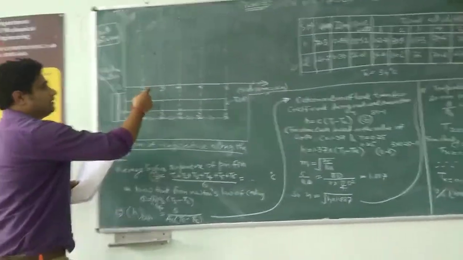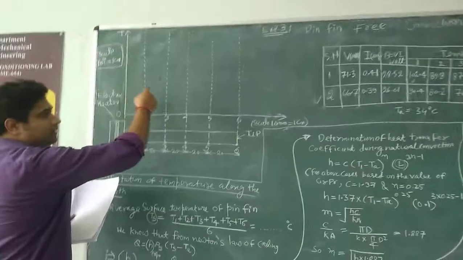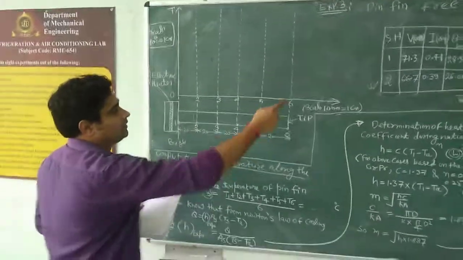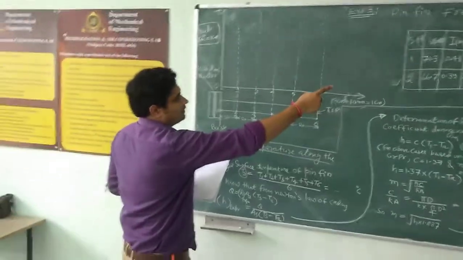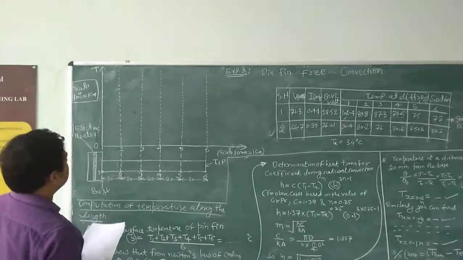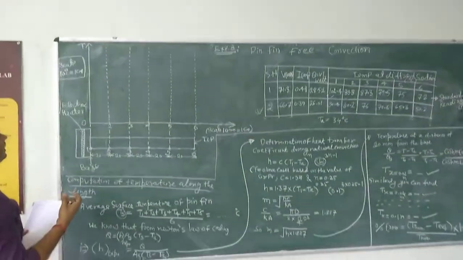Now come to the blackboard. Here we will draw the temperature profile. How can we draw the temperature profile? You can see the readings in the table. First, I will explain that you have to take a scale.